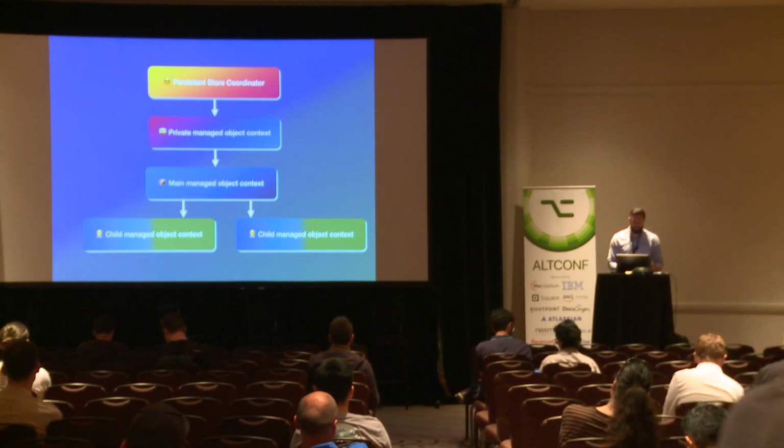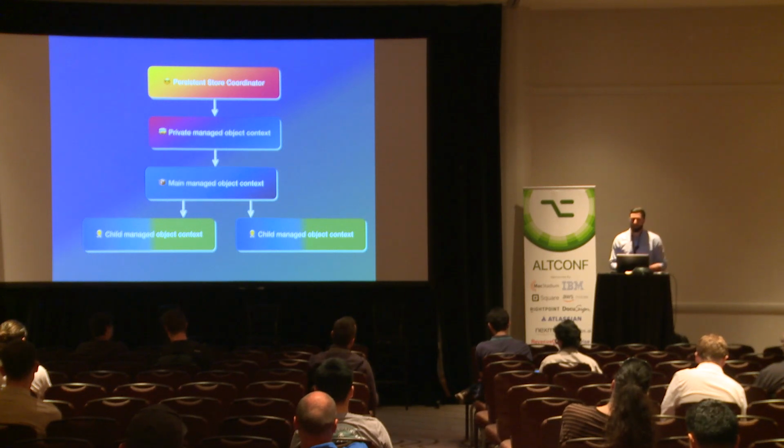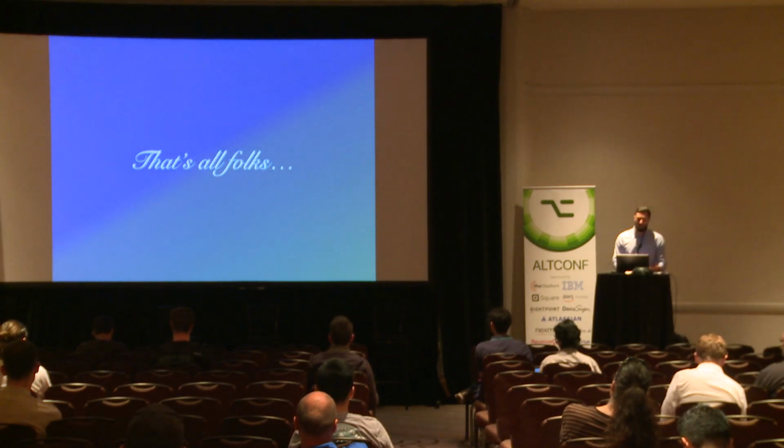And there might easily be more managed contexts in our app. So if someone is interested in the implementation, I will go around and we can talk about how to implement this solution. Yeah, so the persistent coordinator is the most important.